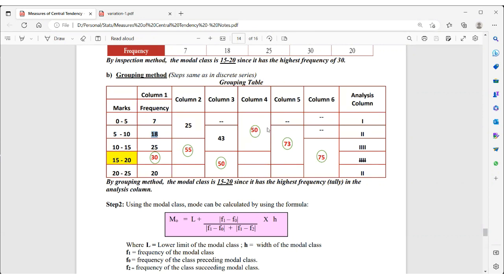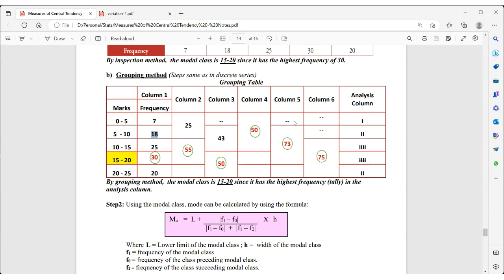For each column, check the encircled one. In column 4, the encircled one is a single number, that is 50. 50 comes by adding 7, 8, and 25. So 18 is coming in this one time.